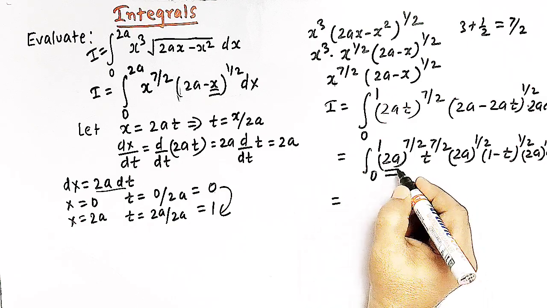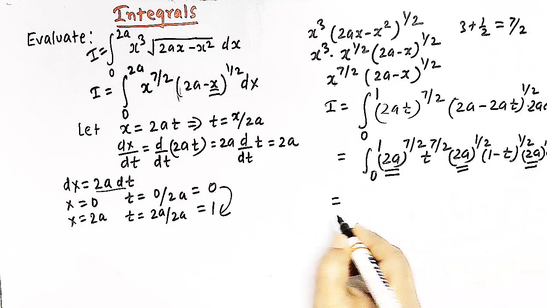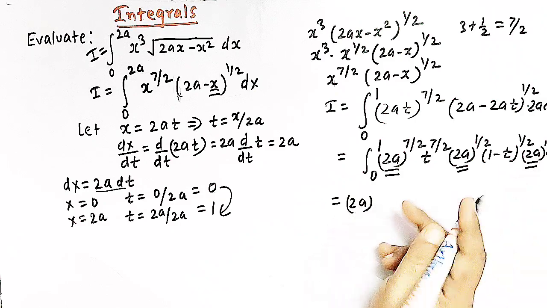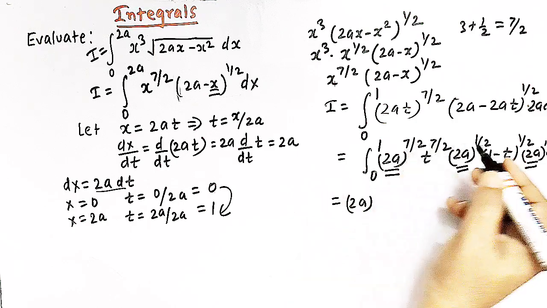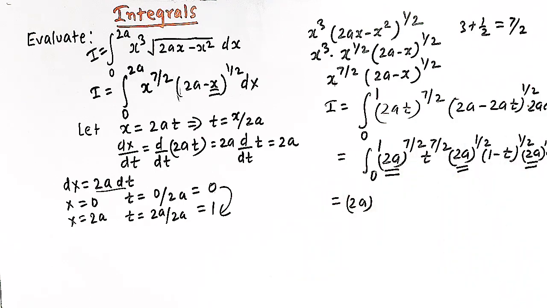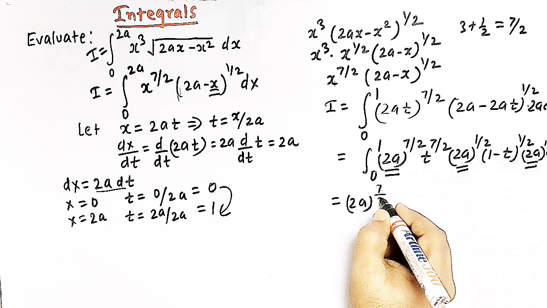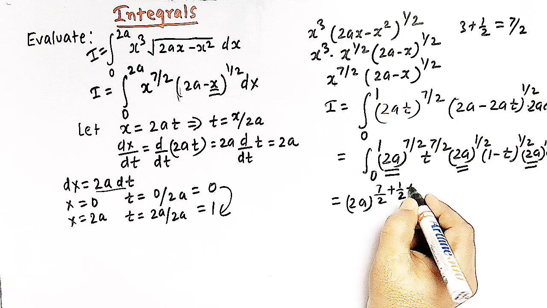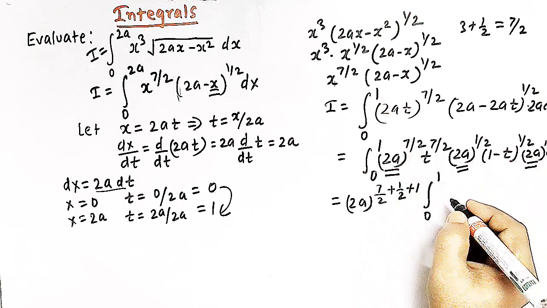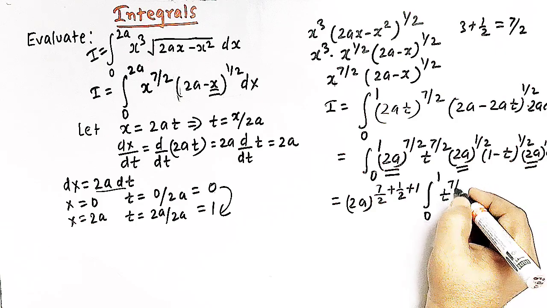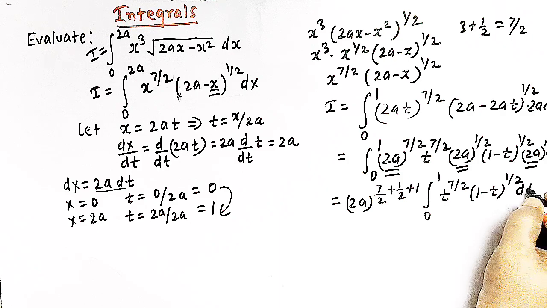Now we have 2a raised to 7 over 2, 2a raised to half, and 2a raised to 1. We can take all these three terms outside the integral and add the exponents by the laws of exponents, because the bases are the same. So we have 7 over 2 plus half plus 1, and the integral from 0 to 1 of t raised to 7 over 2 times 1 minus t raised to half dt.